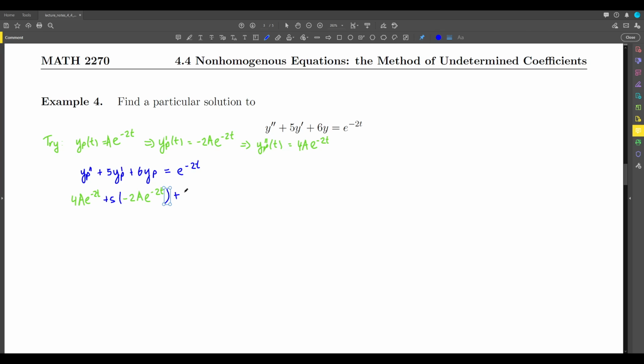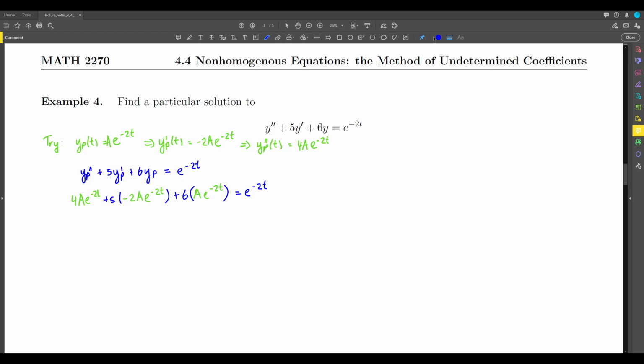And then we have plus 6 times yp, and that's just a e to the power negative 2t. And all of that has to equal e to the power negative 2t.